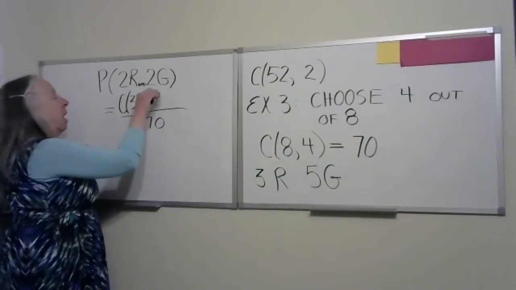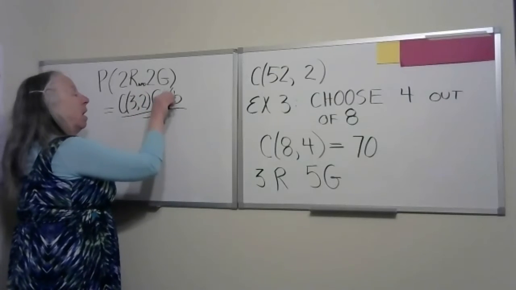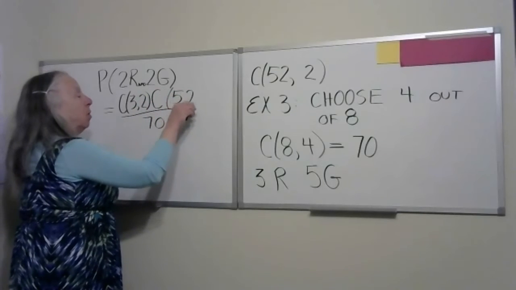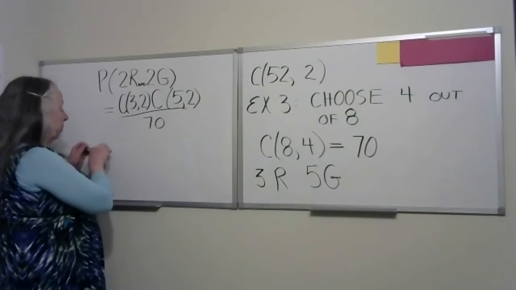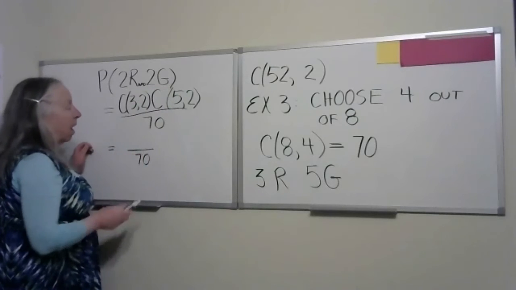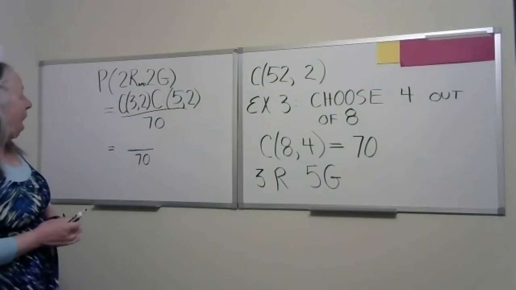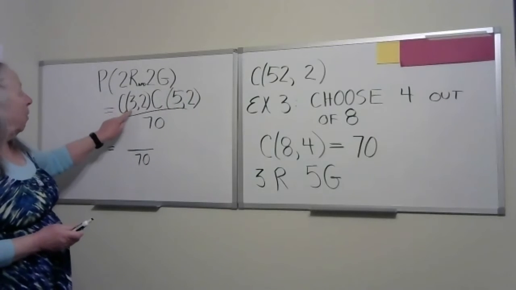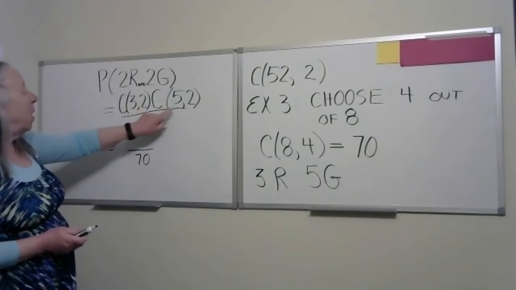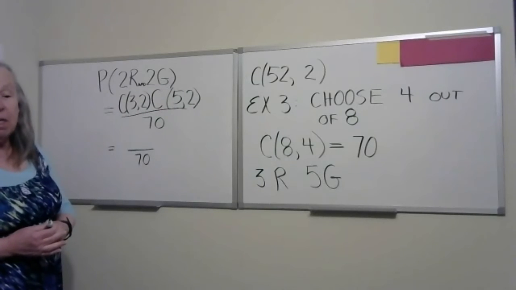And out of the 5 green, I have to choose 2. Let's go ahead and calculate that product of choosing 2 from 3 objects, and then 2 from 5 objects, and then multiplying them together.